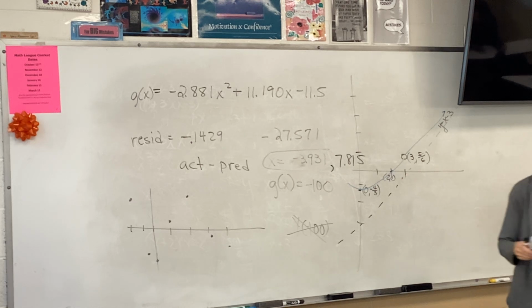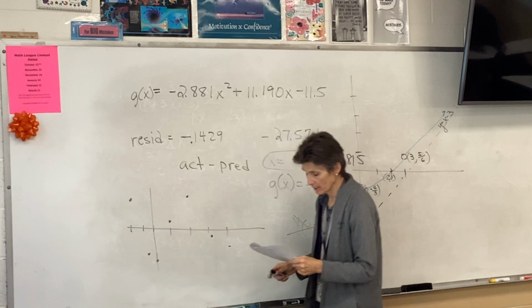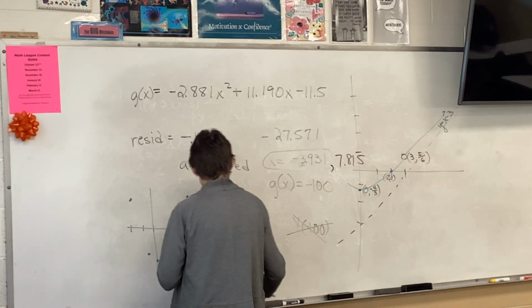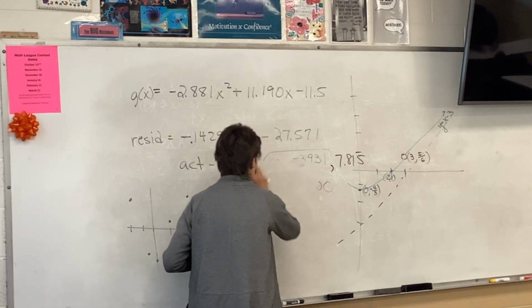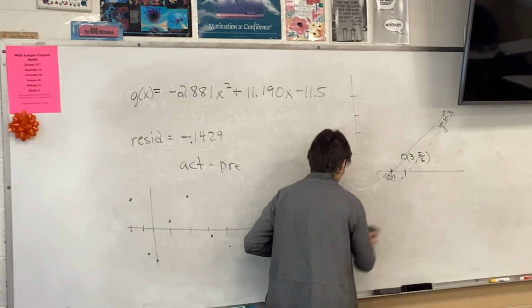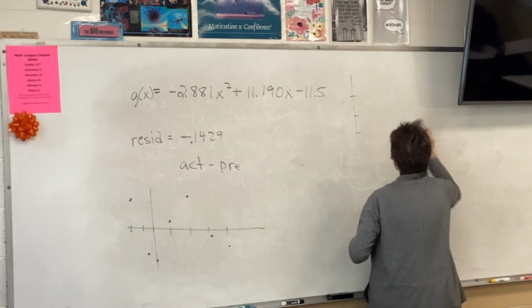All right, number 3. Got this funky looking picture here. True or false? We've got 3 statements about this picture, and we're going to decide if they are true or false.